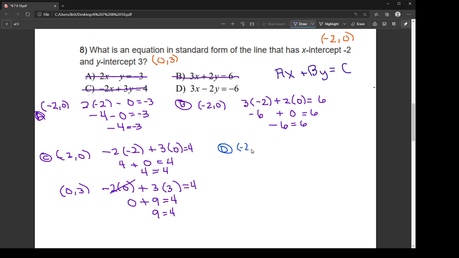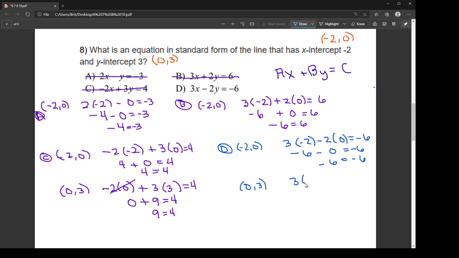So if I plug in -2, 0, I get 3 times -2 minus 2 times 0 equals -6. 3 times -2 is -6. 2 times 0 is 0. So you see, this first part worked. So now I'm going to try it with the 0, 3.